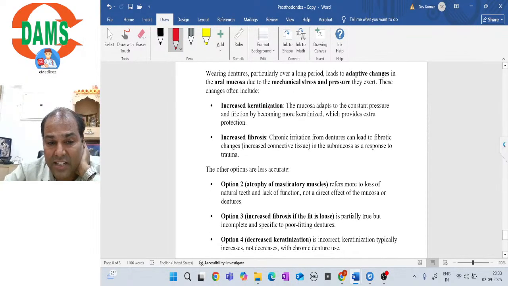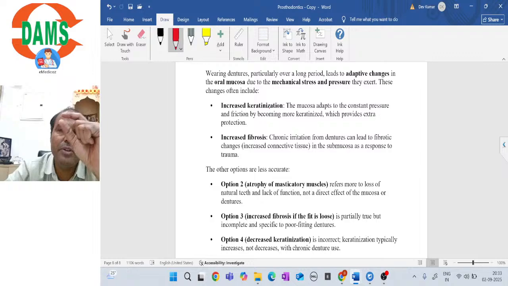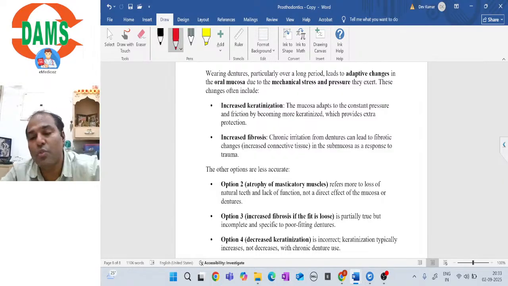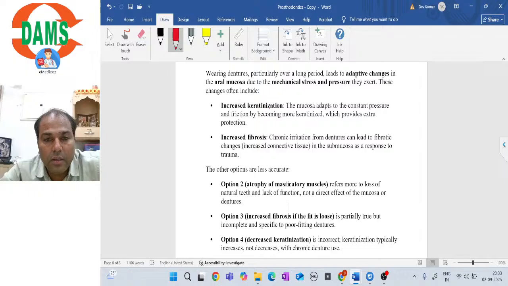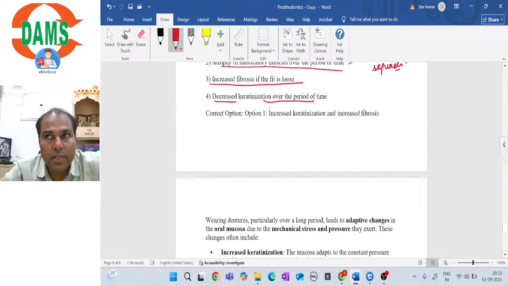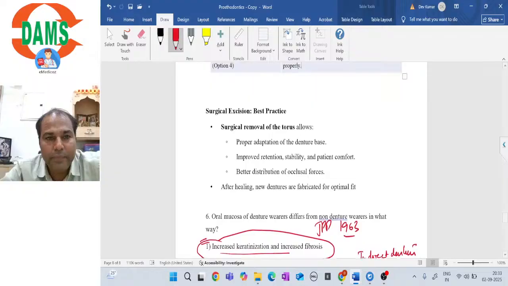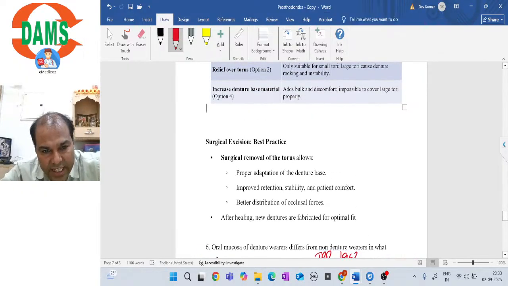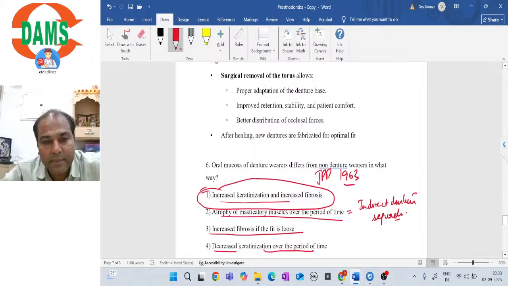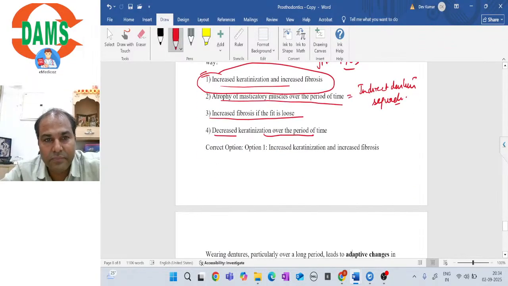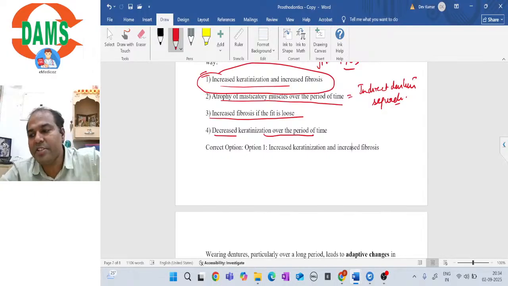And decreased keratinization: normally keratinization increases with chronic denture use, and also the thickness of the mucosa decreases with overuse, when we are using a denture for a very long time. Okay, so the best answer here is increased fibrosis and increased keratinization. Okay, clear hai? I hope it is clear.